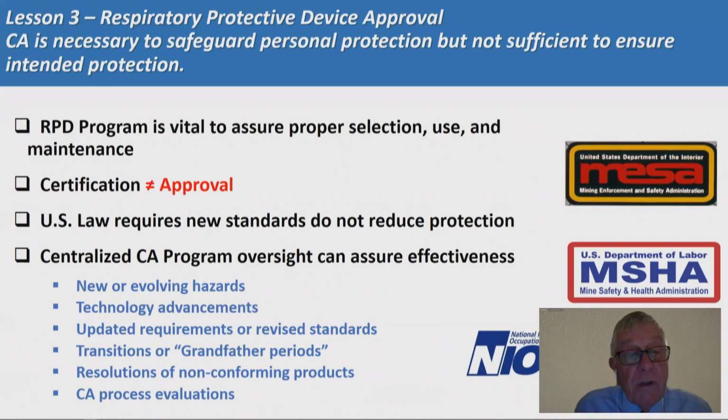The third point is U.S. law. It puts a demand on NIOSH that when it is developing new mandatory regulations or standards for respirators, no new mandatory regulation should reduce the protection of an existing standard. This is a challenging requirement that NIOSH has to give serious consideration to every time it develops regulations.